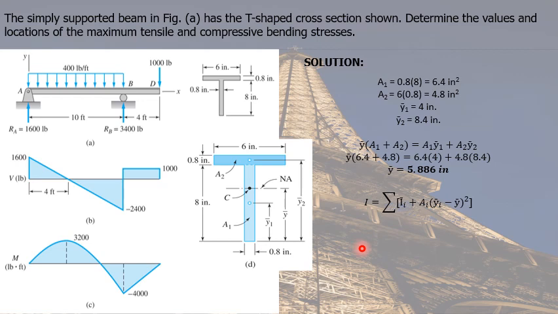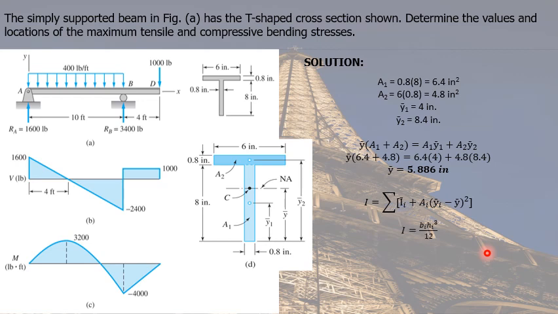After which we can solve for the moment of inertia of the whole cross-section about the neutral axis using the parallel axis theorem, which is given by this formula. I is equal to the summation of I bar i plus A i times the quantity y bar i minus y bar squared.